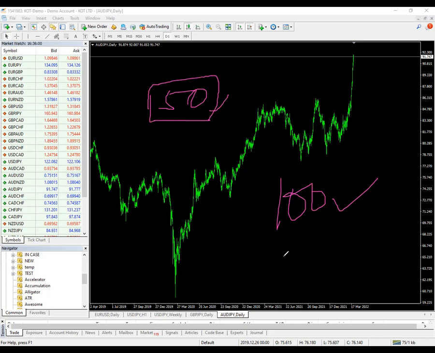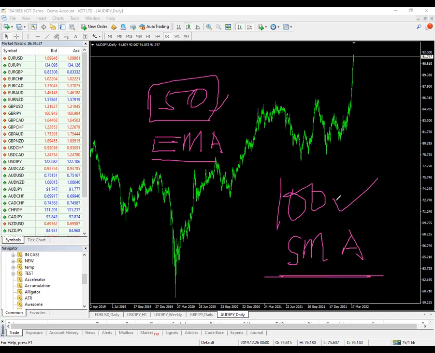So you can choose to use the simple moving average for 100 and then use the EMA, exponential moving average, for the 50. Always you can use the smaller period for EMA and the bigger number for SMA, because the SMA is good at bigger numbers and the EMA is good at smaller numbers. So if you want to combine the two, this will be the way to go.